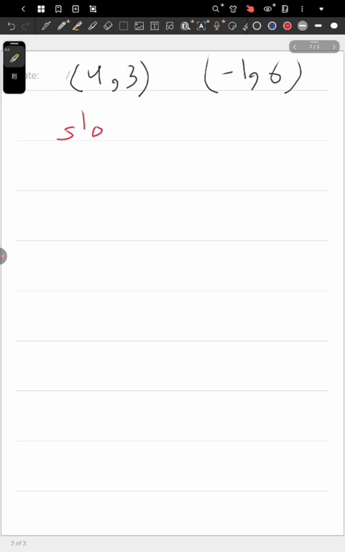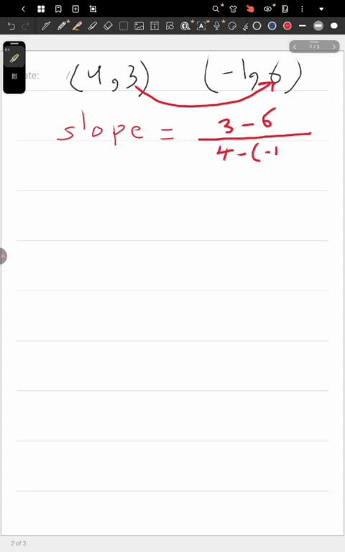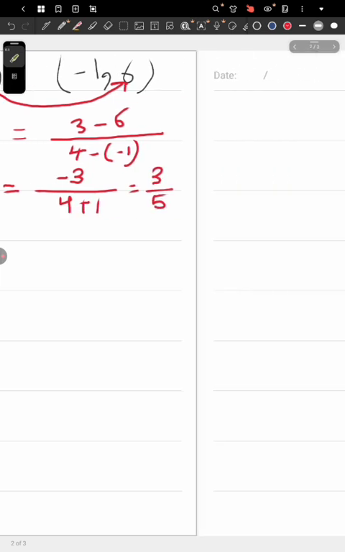Slope equals difference y, 3 minus 6. You must start from the y coordinate first. 4 minus -1 becomes positive. 3 minus 6 is -3. 4 plus 1 is 5, so -3 over 5. That's the slope of a straight line.